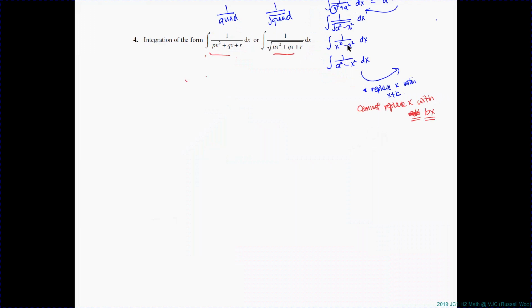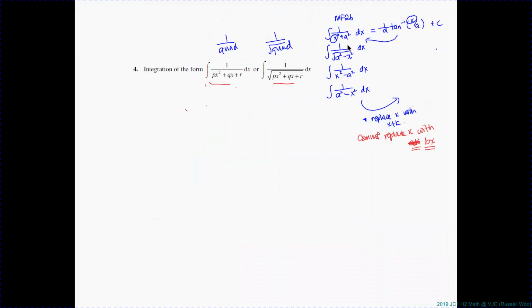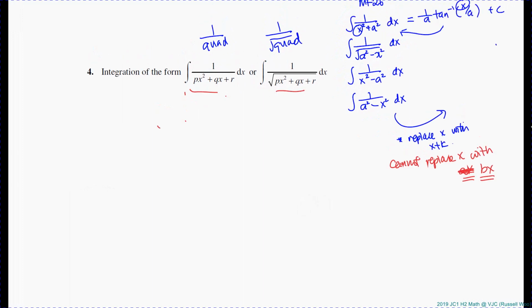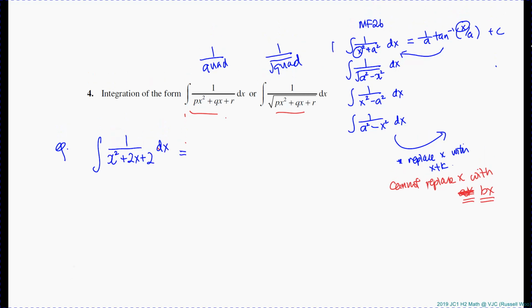I just use one example. What if I want to integrate 1 over x squared plus 2x? Now, your objective is to cast it into one of the forms 1, 2, 3, 4 from MF26.